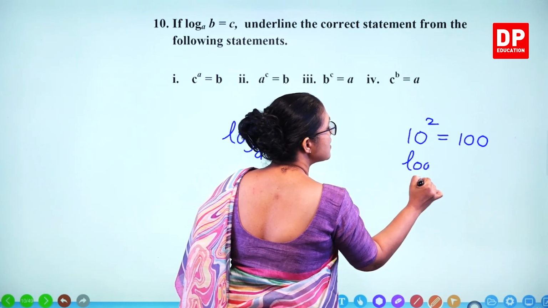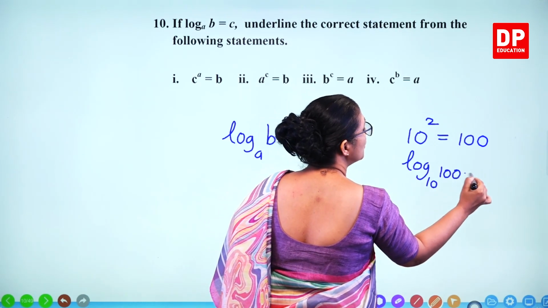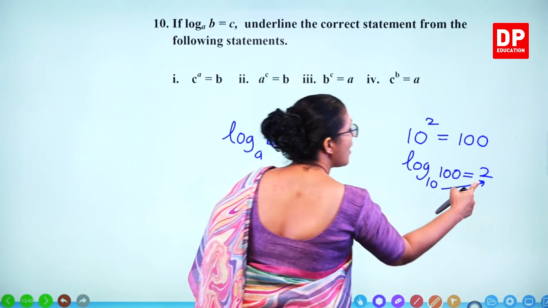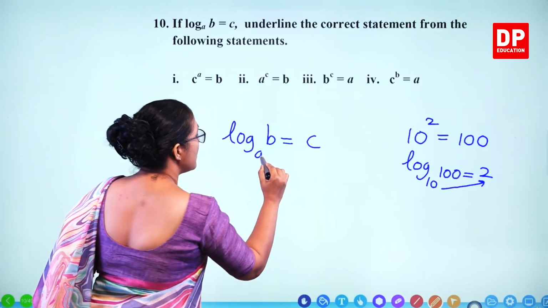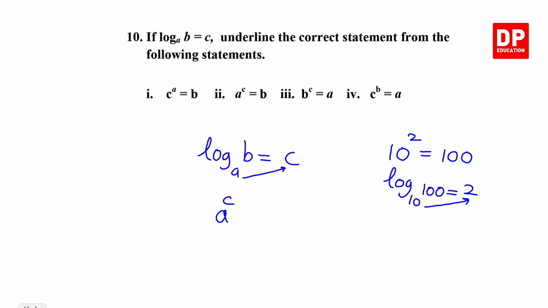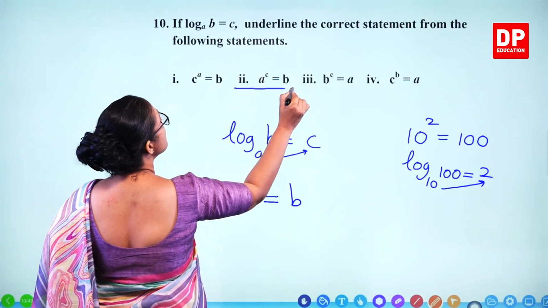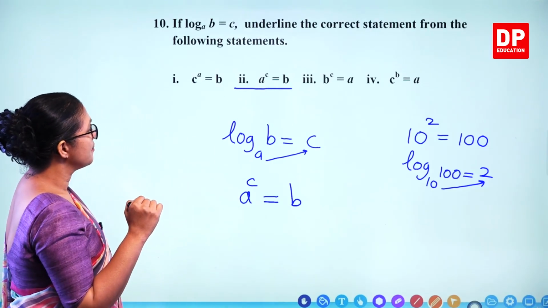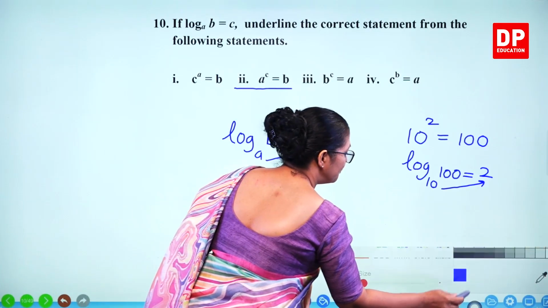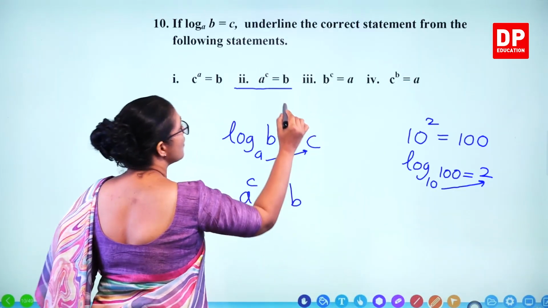That means log 100 base 10 is 2. So 10 squared is 100. A to the power C is equal to B. So which one is correct? The second one is correct. You get 2 marks.